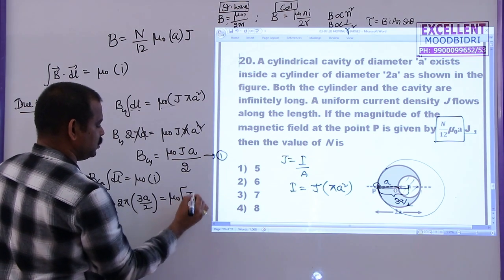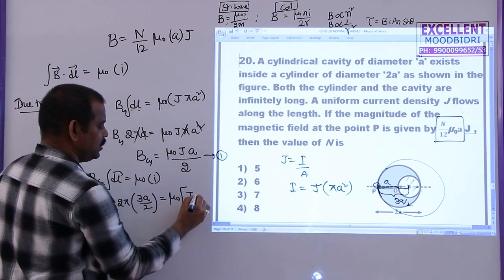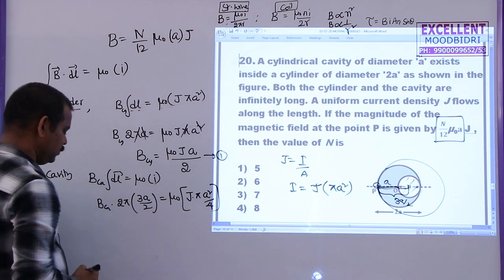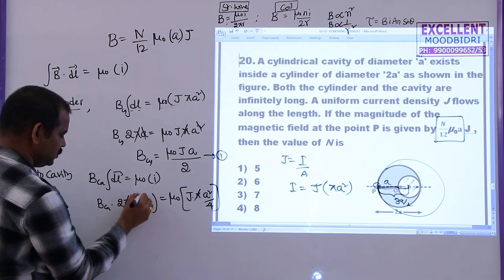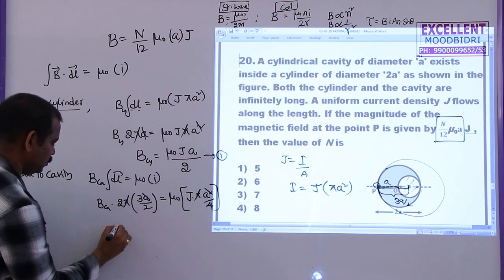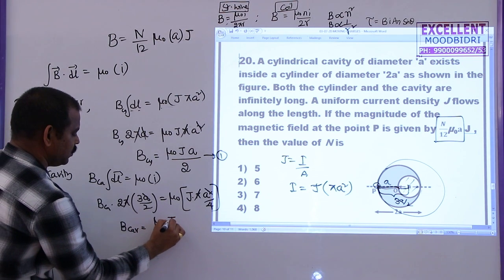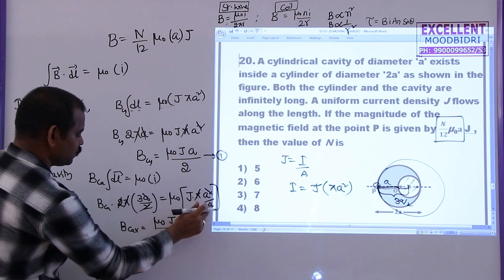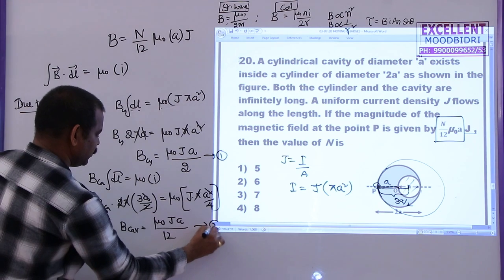What is the area of that one? Here radius is a by 2 only. So pi a by 2 whole square, pi a square by 4. Now you can cancel this pi and pi here, this a and a here. So B cavity will be mu naught J a by, this 2 gets cancelled here, 4 3s are 12. This is equation 2.